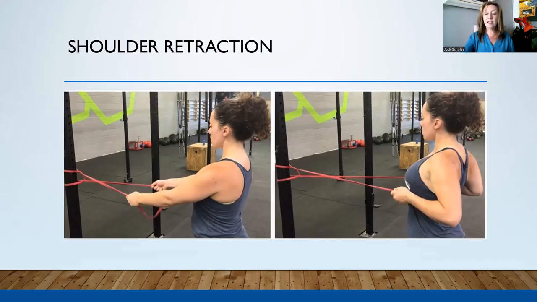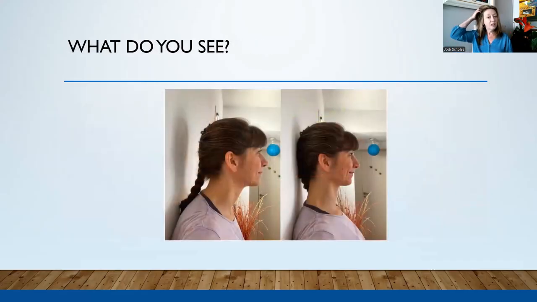Let's do another example. What do you see? You see forward head position, right? What muscles in this first picture here, the picture on the left-hand side for you, this is the one with the forward head position.